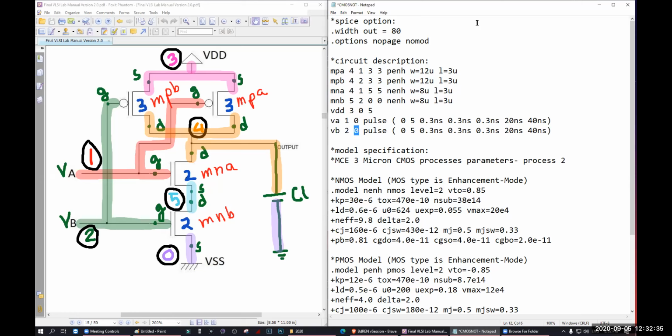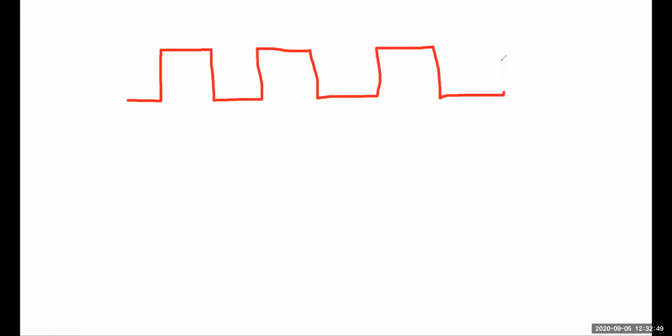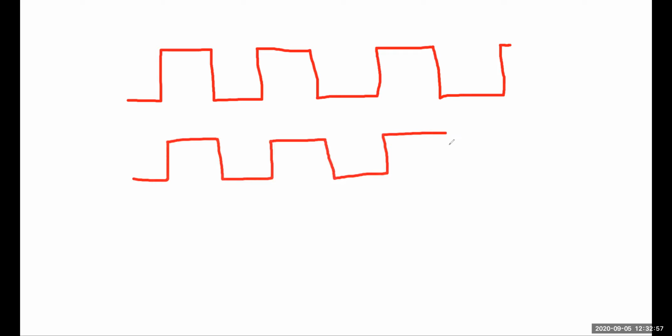Now here, I want you to understand one thing very clearly. If we give the VA and VB same, so now what will be the logic?